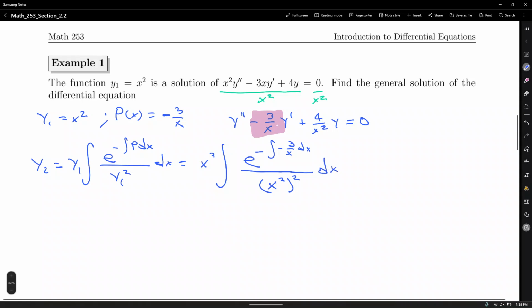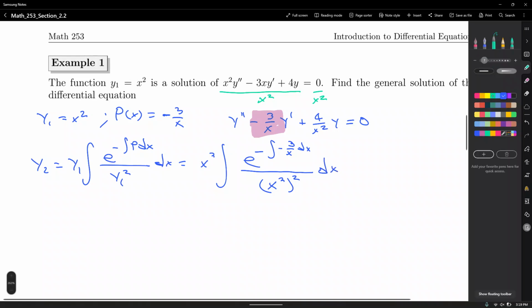And guys, be careful. This x squared right here does not go into the integrand and divide out with what we have here. It's just a multiple outside of the integral. Whatever you have outside multiplying the integral is not allowed into the party here.